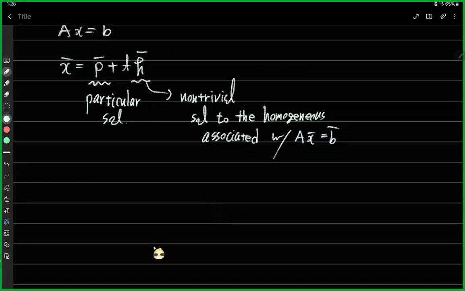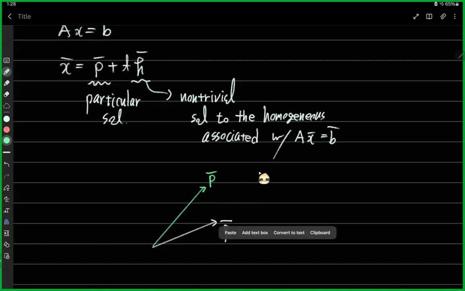Let's say this is h, and then let's say this is maybe p. Okay. Then p plus h is going to be what? Parallelogram rule. We're going to get this, right?